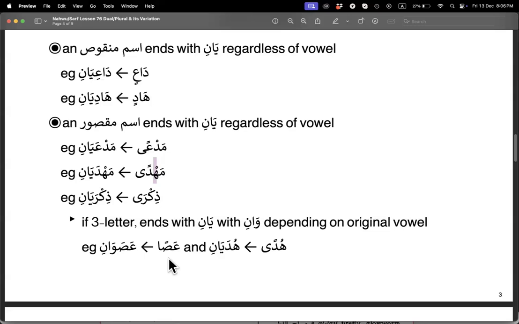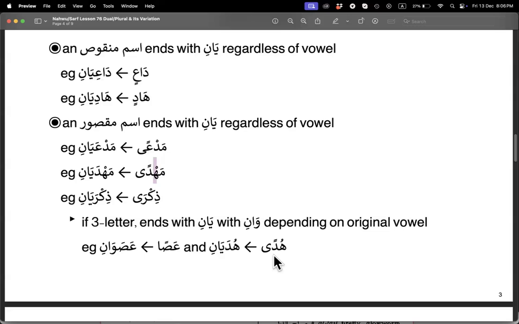Rafa, nasab, and jar will be the same because it has an alif ending. But to make it dual, you're going to use your original vowel. So the dual for this word is asawani. Not asayani, but asawani. And this word, huda, is from ha dal ya, so it will take yani, and because that is waw, the root letter, this one took asawa.